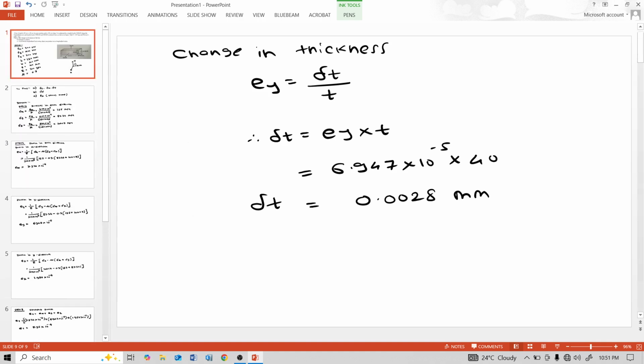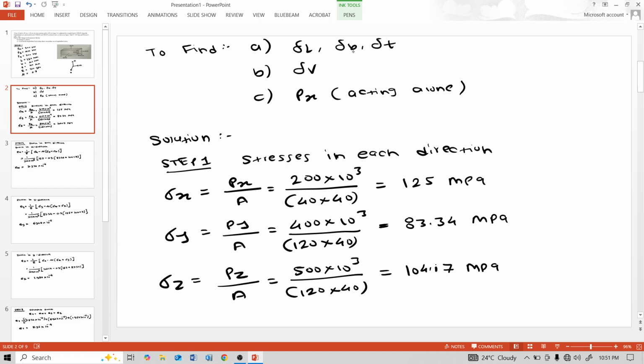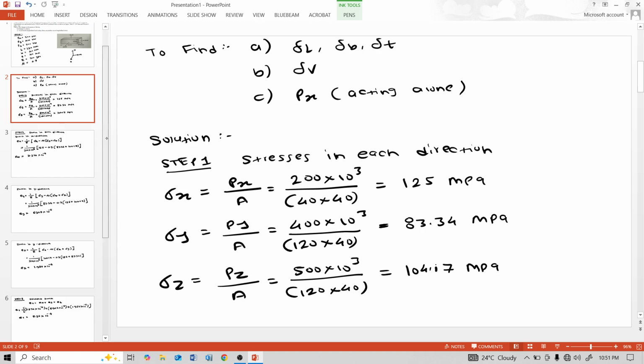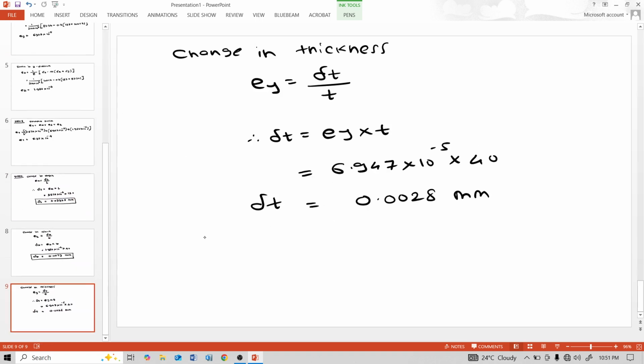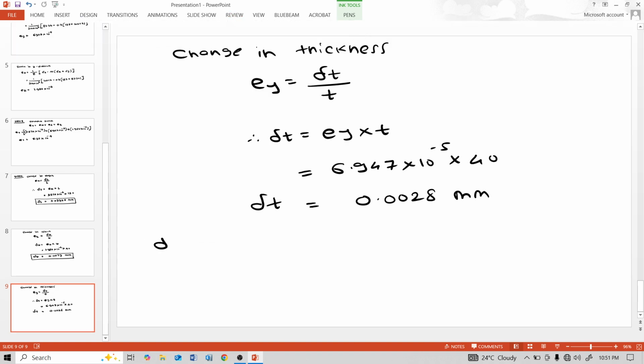So our finding of A is complete, change in dimension of bar. We calculated change in length, change in breadth, and change in thickness.